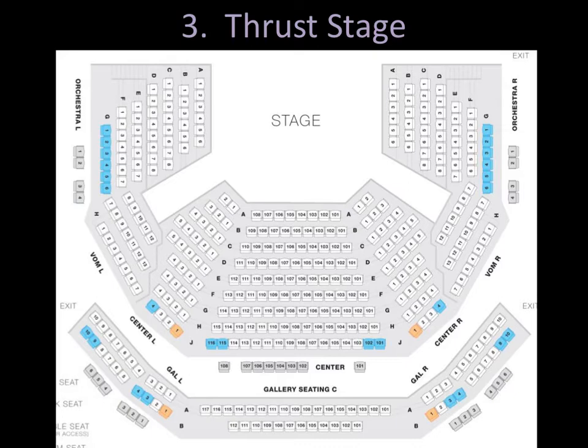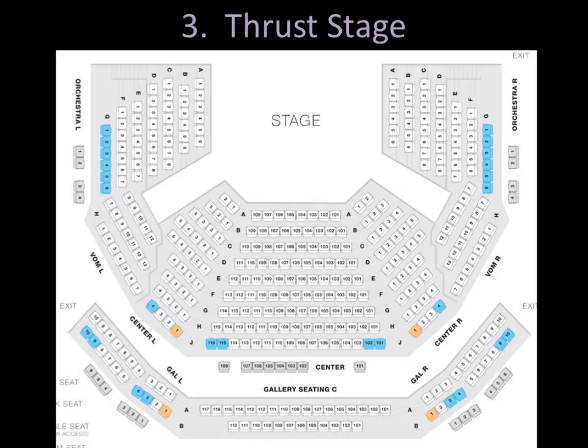Here you see a stage in the upper part of your diagram. And the performing area, the stage area, has audience on three sides. So there is a backstage area, upstage of the performing area, as well as two VOMs. We still see those VOMs.